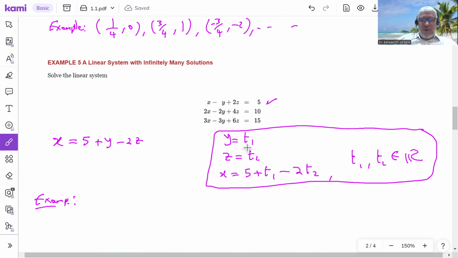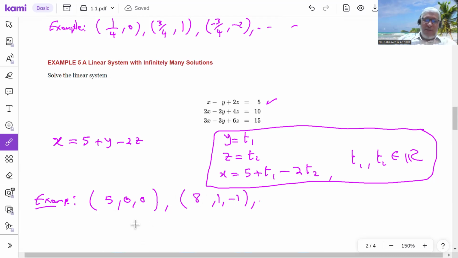So if you choose t1 and t2 zeros, remember that t1 is y, t2 is z, and then find x. X would be 5. So this is one of the solutions. If you take t1 equals 1, t2 equals negative 1, then x would be what? 5 plus 1, 6, minus 2 times negative 1, so plus 2, so that's 8, and so on.